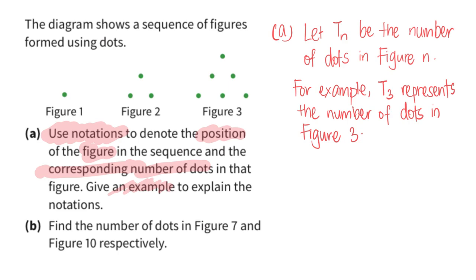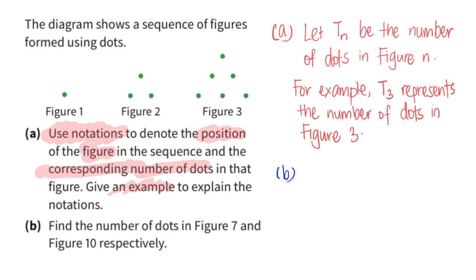And for part B, all we have to do is to find the number of dots in figures 7 and 10 respectively. I hope you can see the pattern. We are given the first 3 figures already, right? So this is what Mr. Tan will do.